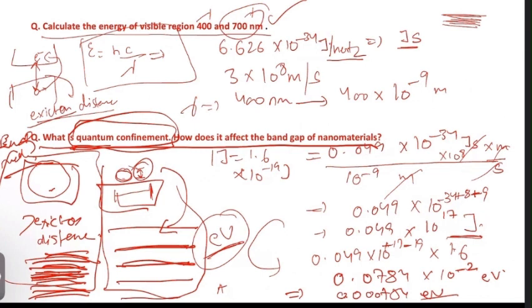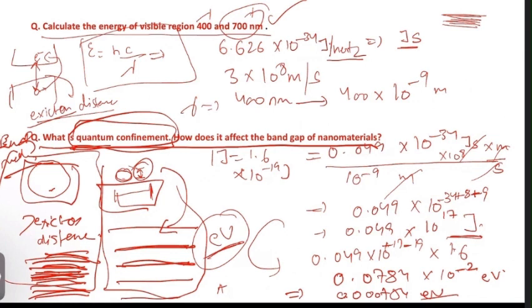Ma'am, I have a doubt in the sum: calculate the energy of the visible region. For that, H value, and C is 3 into 10 to the power of 8. What is the doubt in this problem? H is 6.626 into 10 to the power of minus 34.